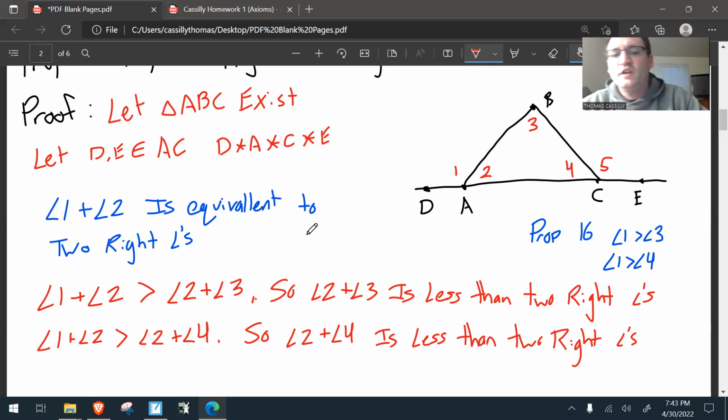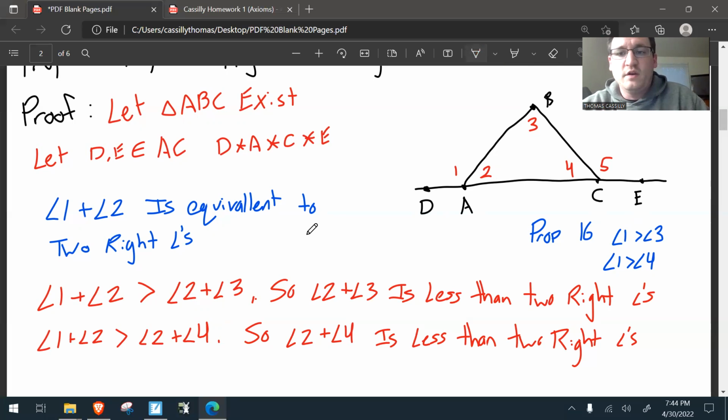Now, we showed angle 2 plus angle 3, and we showed angle 2 plus angle 4. The last one we need to show is angle 3 and angle 4, and this is where point E comes into play. Angle BCE, which I renamed angle 5, is supplementary to angle BCA, which I renamed angle 4.